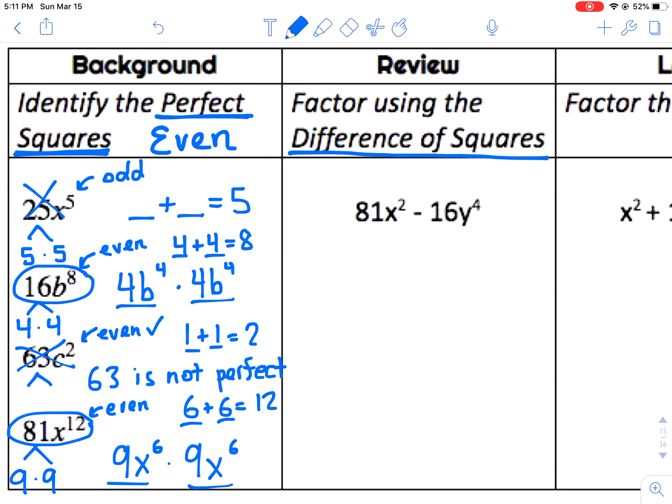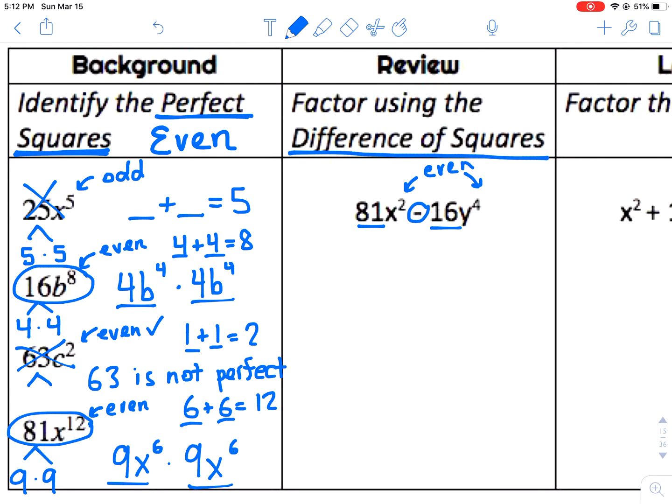So if you look over here, we are factoring using the difference of squares. So I would start by double checking that 81 and 16 are perfect squares, which they are. The 2 and the 4 are both even numbers.